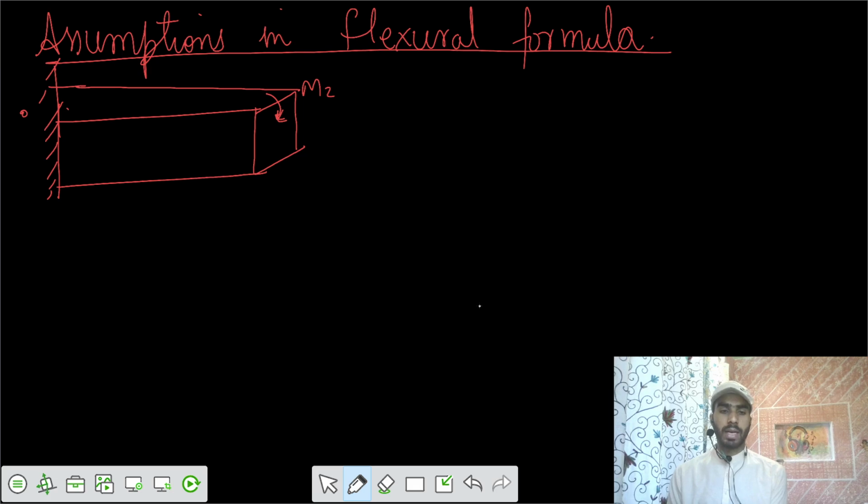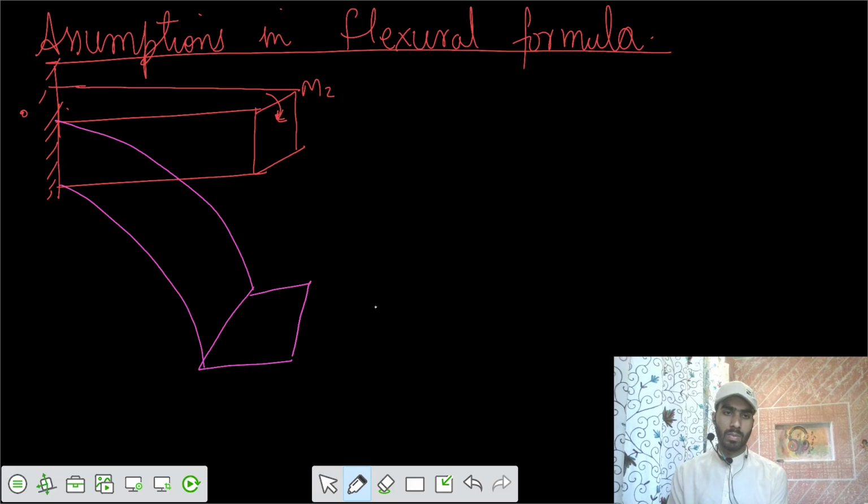Then after the bending has happened, it would go in this fashion, downwards. Initially the section was in this fashion, vertical.